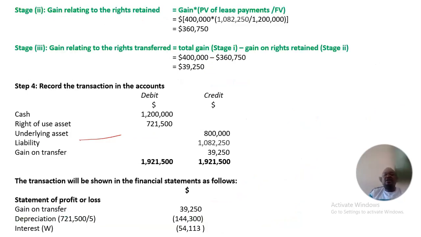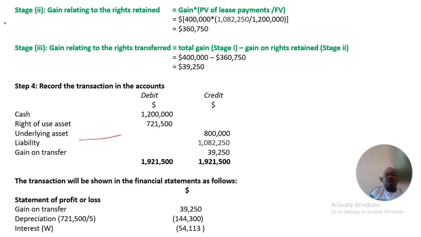Moving on, remember, we want to compute the appropriate gain to be recognized in our records. So, gain relating to the rights retained. This one is an important figure because without it, we are not going to come up with the rightful computation.